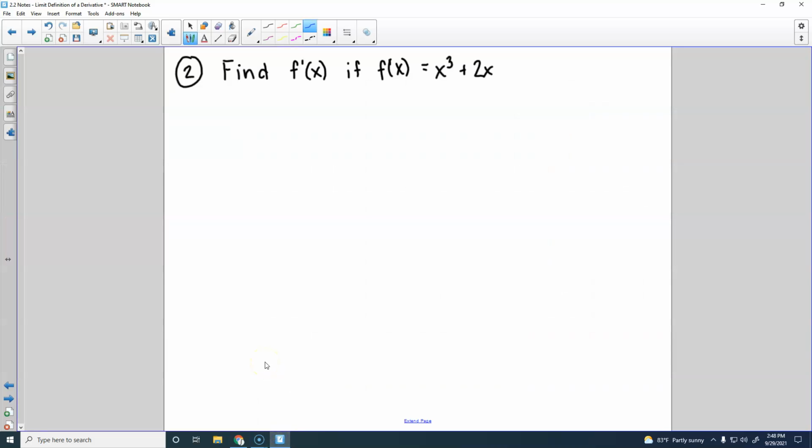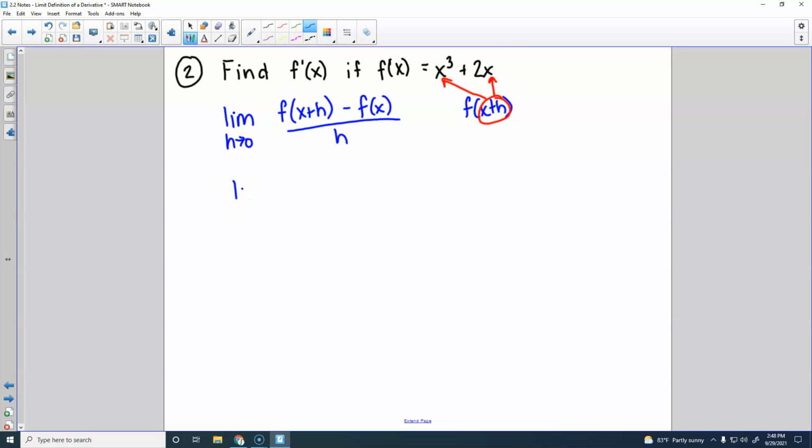Okay. So let's do this one. The next problem looks like it's going to be very, very long. So I got the limit as h approaches 0 of f of x plus h minus f of x over h. So when I've got to do f of x plus h, you got to put the x plus h in both of these places right here.